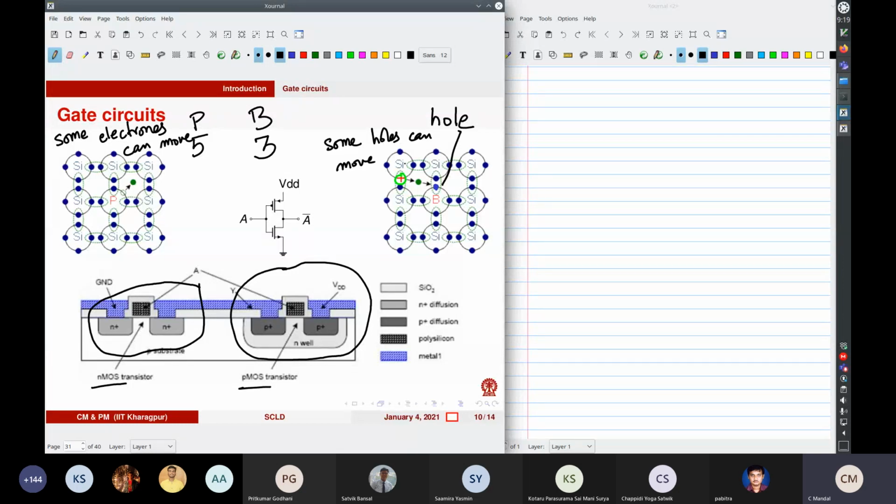This is the situation. These are your majority carriers. Here your holes are the majority carriers, so this one is your majority carrier. And in this case, these are your majority carriers.